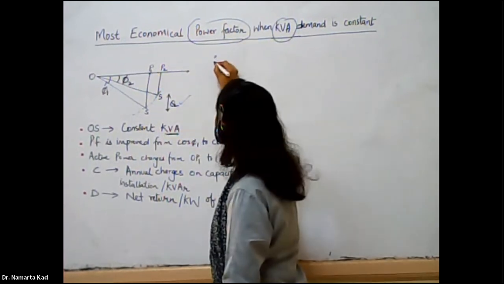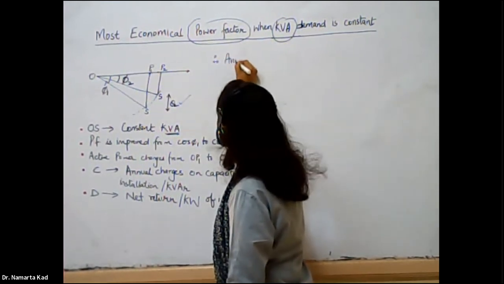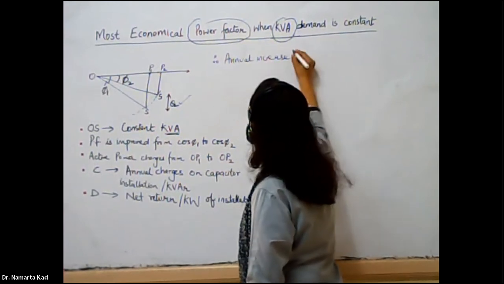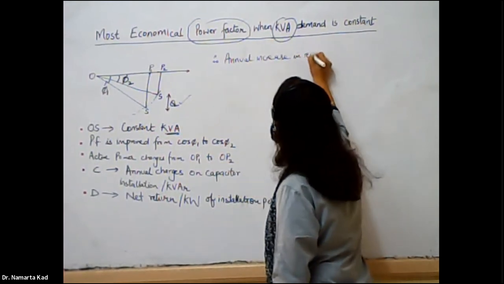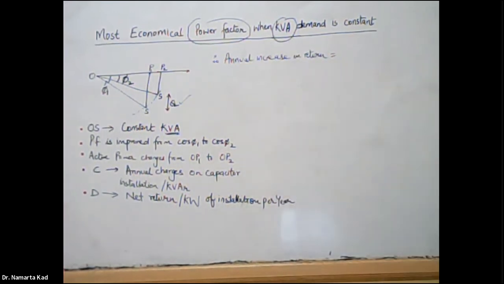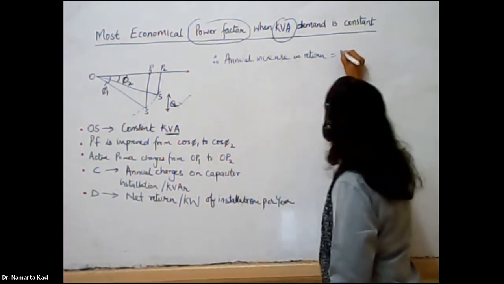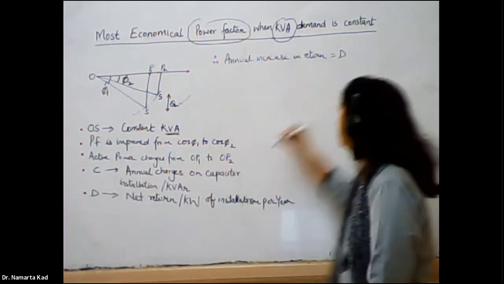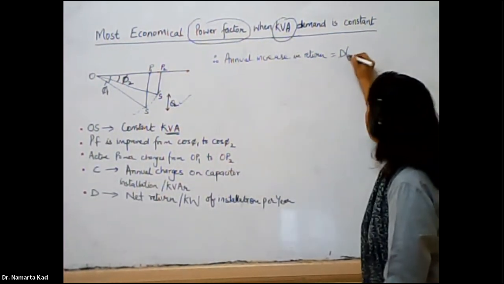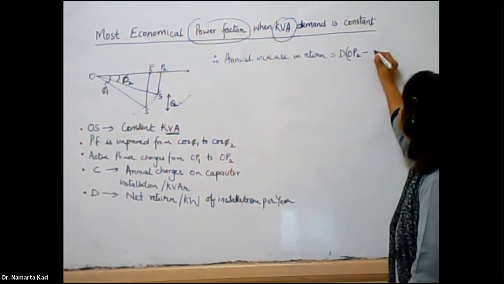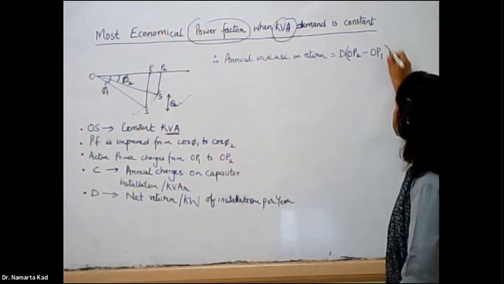So the annual increase in return is given by this factor D into OP2 minus OP1.